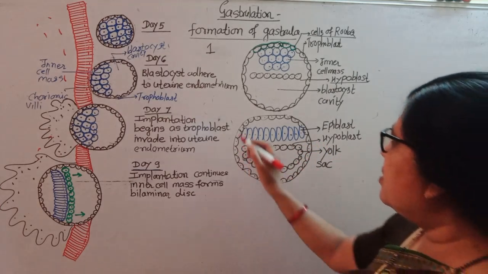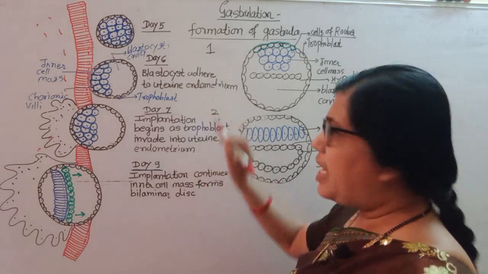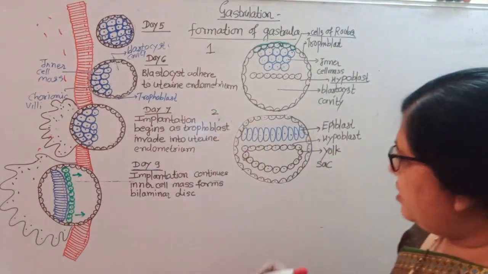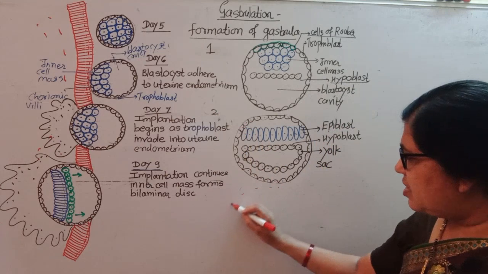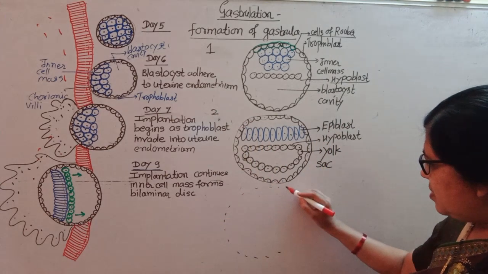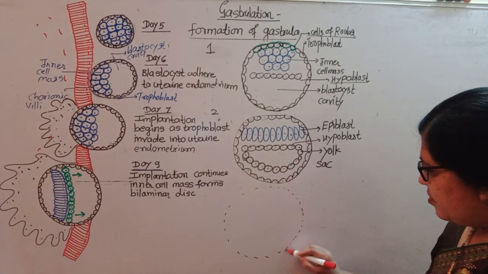Next step, this is the second step of gastrulation. Now in the third step of gastrulation, this is the third diagram.